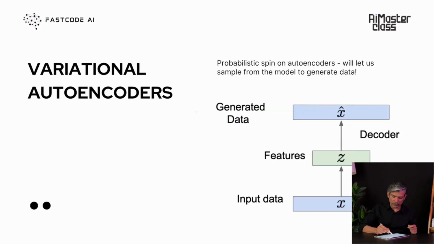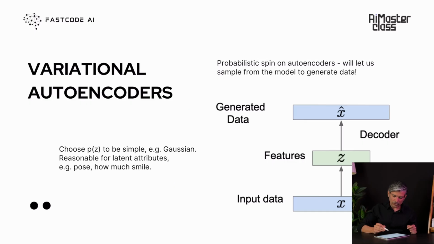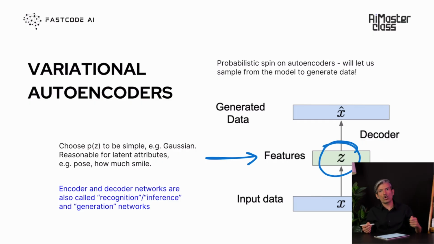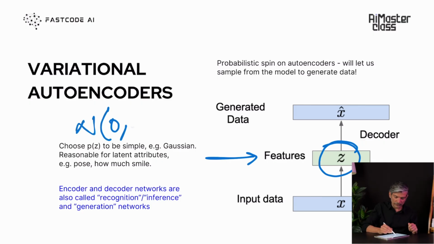We want to use the same autoencoder, but we want to enforce an additional loss on our features here. What we want to say is that our Zs should come from some known distribution, let's say a unit Gaussian, a normal distribution with 0 mean and 1 standard deviation.